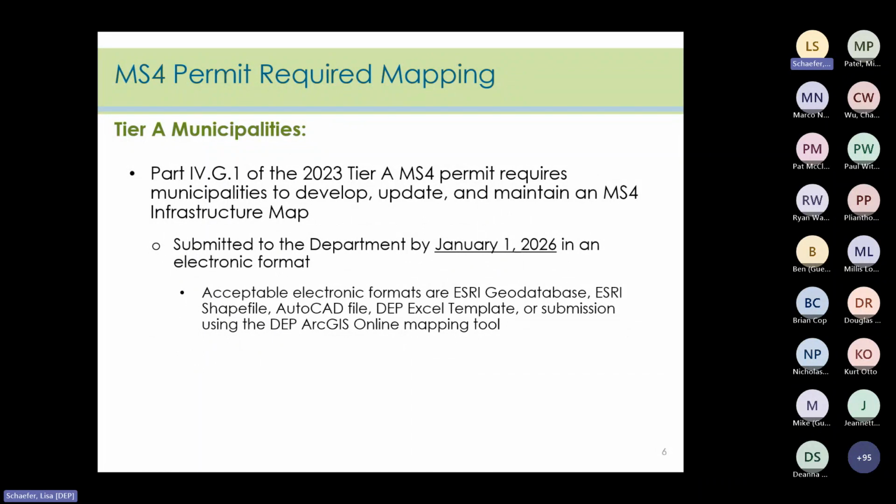So building off of the required inventory logs, the 2023 Tier A permit now requires municipalities to complete an MS4 infrastructure map. Mapping is an entirely new requirement for new Tier A towns, but original Tier A towns do not get an extension on the requirement to have submitted an electronic outfall pipe map to the department by December 21st of the year 2020, as was outlined in the 2018 permit.